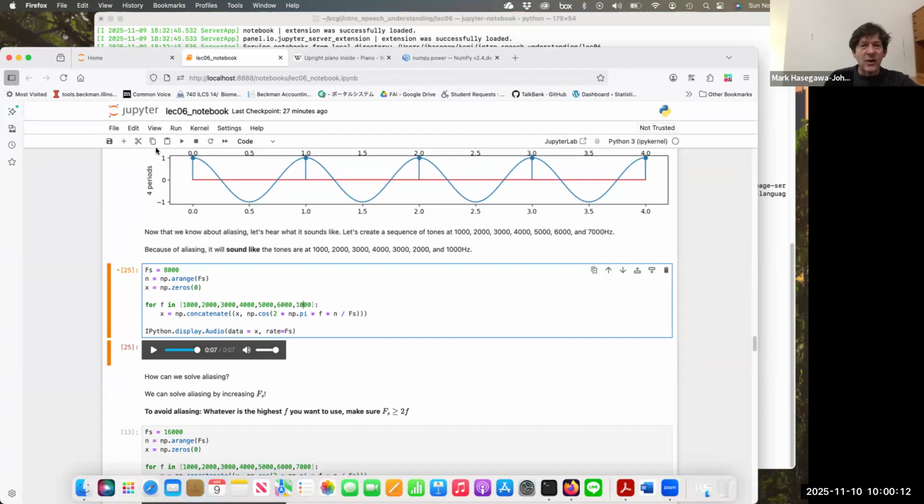And it doesn't matter if I call it 7,000 or 1,000, it's the same. So you see, we have this phenomenon that's called aliasing. 7,000 hertz is just an alias for 1,000. Let's look up what alias means.